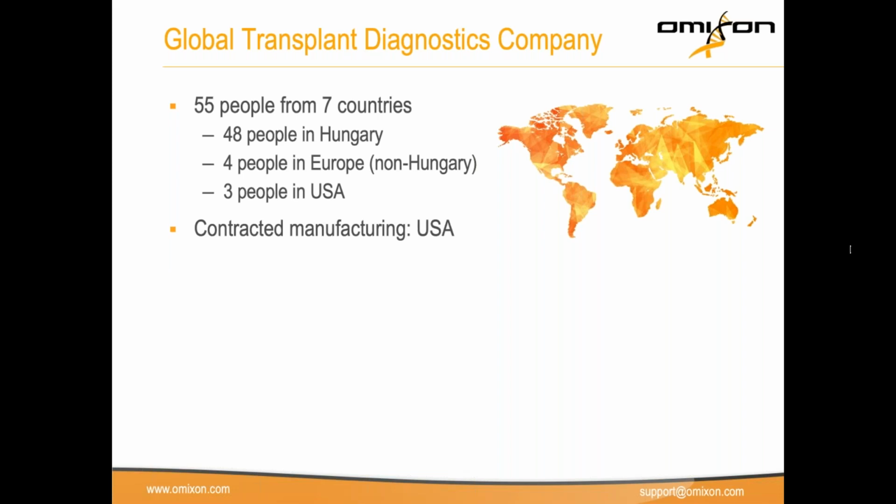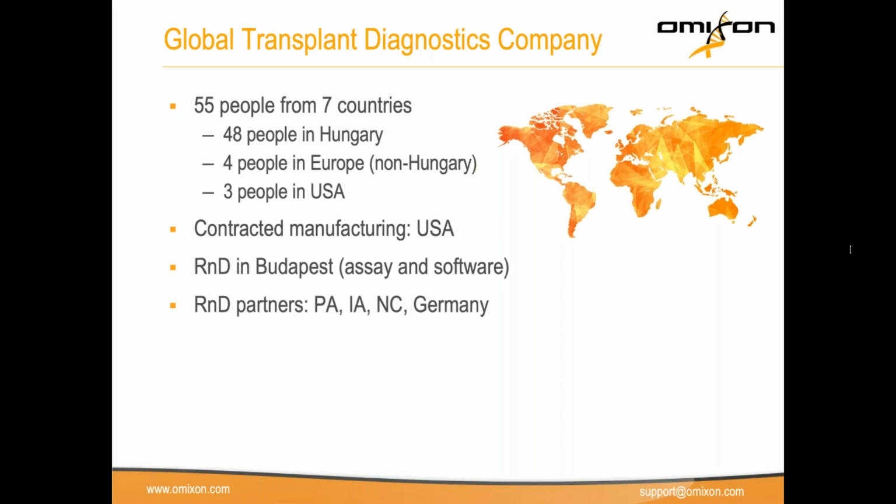We still have our contracted manufacturing in the USA, R&D in Budapest for both assay and software, and of course a lot of R&D partners around the world in Pennsylvania, Iowa, North Carolina, and Germany. We do have and maintain 3 warehouses, 1 in the US and 2 in different locations in Europe, in order to be able to better support our customers and your customers around the globe.